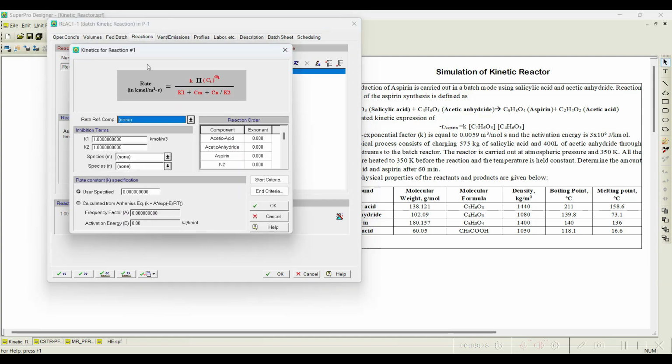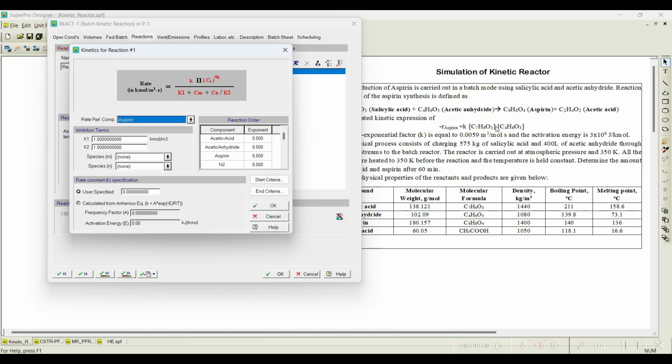This is important. So kinetic information, and here we need to feed some kinetics data. Rate reference component it is asking. Based on the kinetic expression given, the rate reference component can be kept as aspirin. And also you could notice the reaction order is asked as per the rate equation.